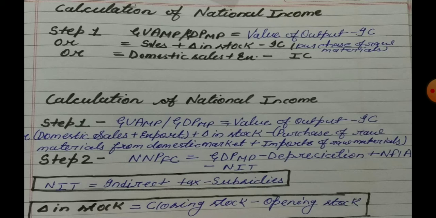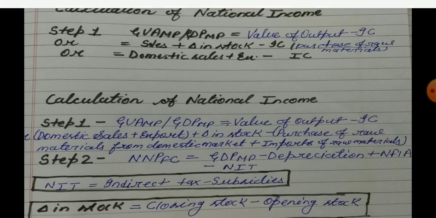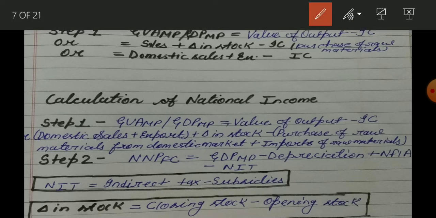The first step is to find GVA-MP, and we calculate it as value of output minus intermediate consumption. We can write this equation also as sales plus change in stock minus intermediate consumption. In more detail, domestic sales plus export plus change in stock minus intermediate consumption.